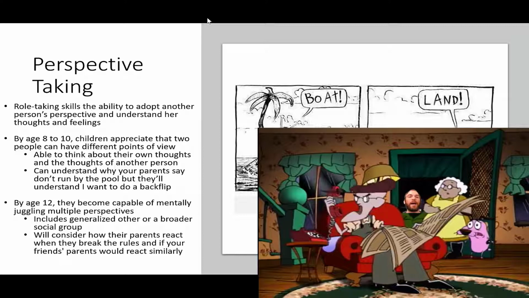So they're this abstract person, and they can also abstractly create a whole scenario wherein they can imagine their friends' parents reacting to them bombing their physics test and comparing that to how their parents would react to them bombing their physics test.